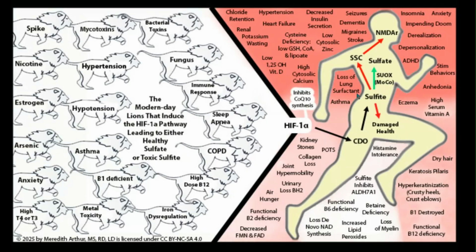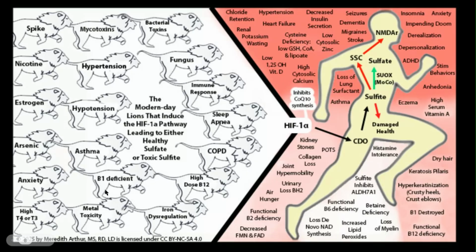So what I propose is that we don't have just one tale, right? We have multiple things going on. And I wanted to talk to you specifically about the extracellular sulfite and how it can cause B1 deficiency.